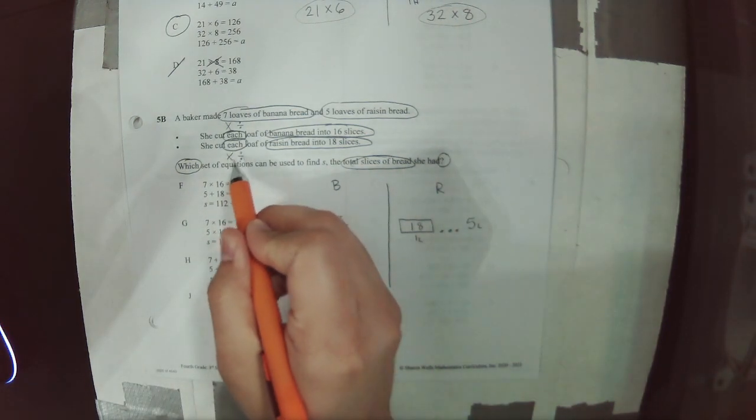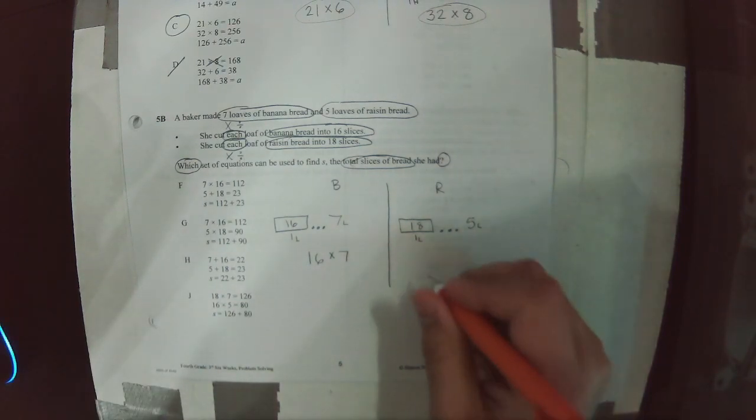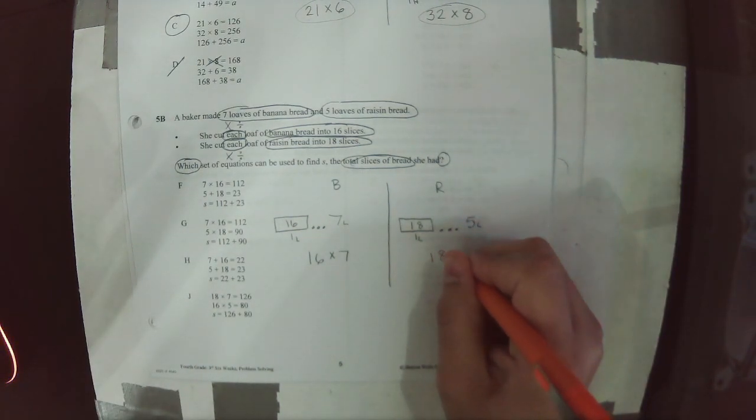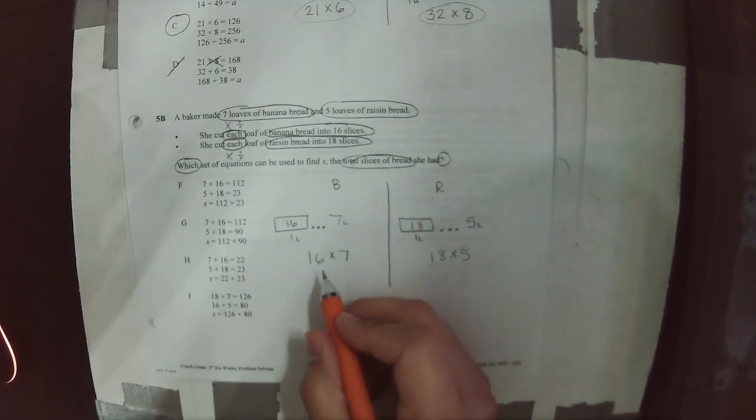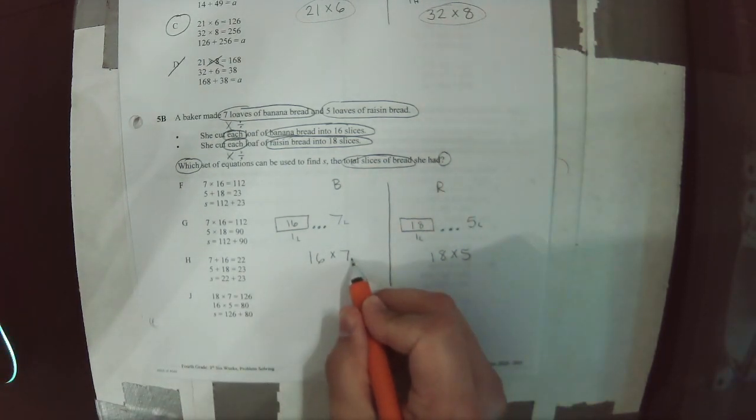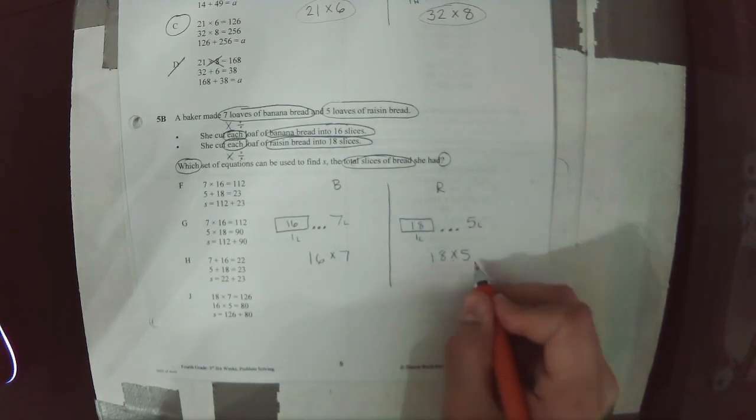More. So what operation should I use? Multiplication or division? Multiplication. Okay, so 18 times 5. Now let's take a look at our answer choices and see which ones have the right number sentences. So we're looking for 16 times 7 and 18 times 5.